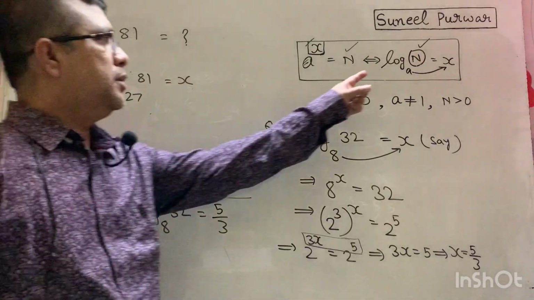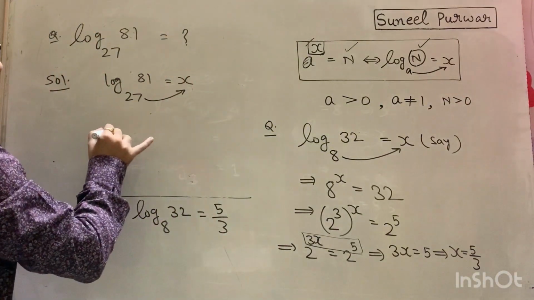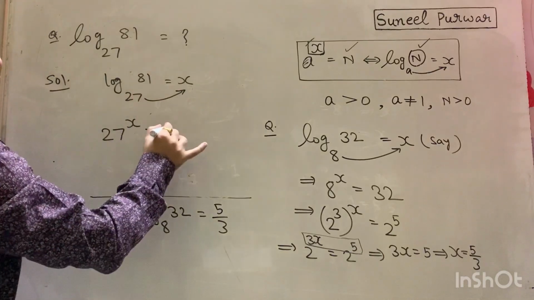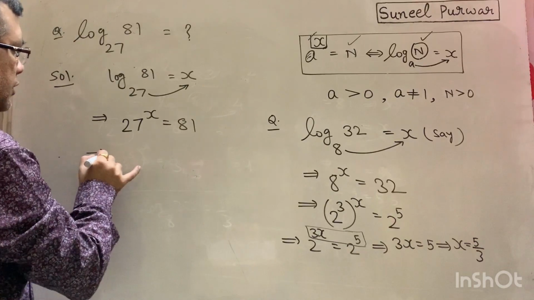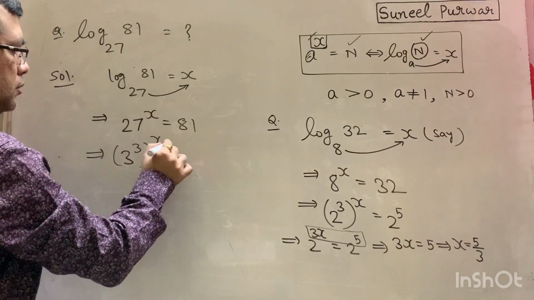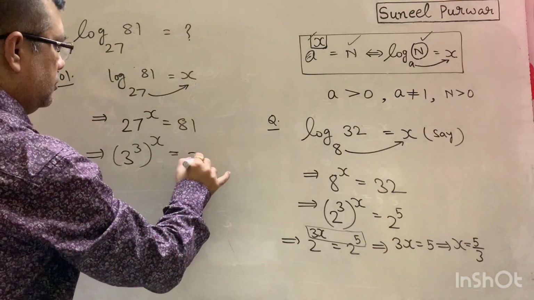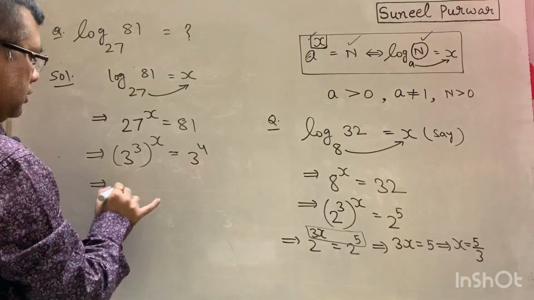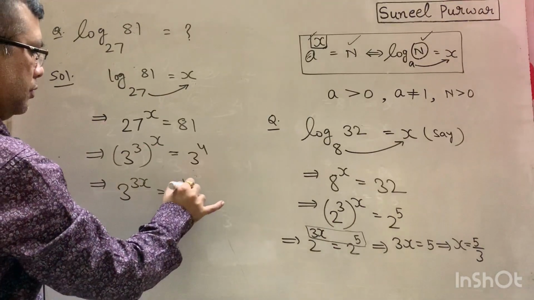So as per this understanding, what will you write? 27 power x is equal to 81. 27 means 3 power 3. Further, 81 means 3 power 4. That means 3 power 3x equal to 3 power 4.